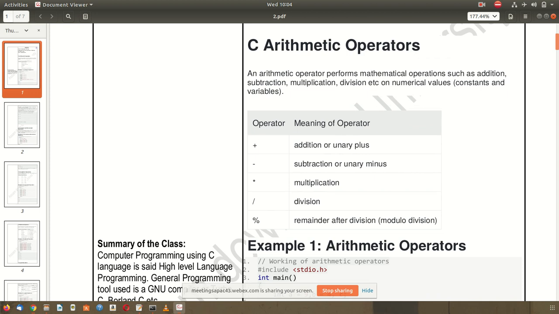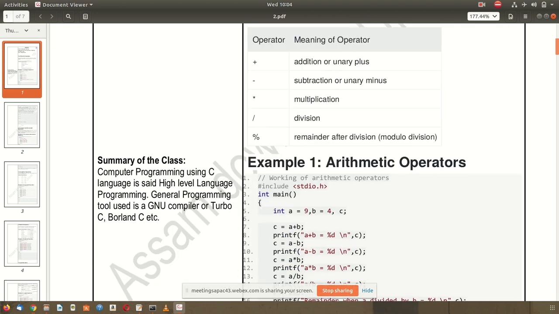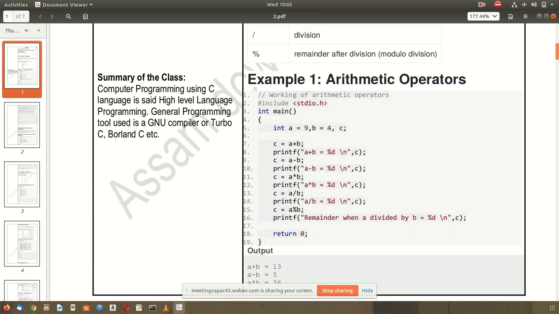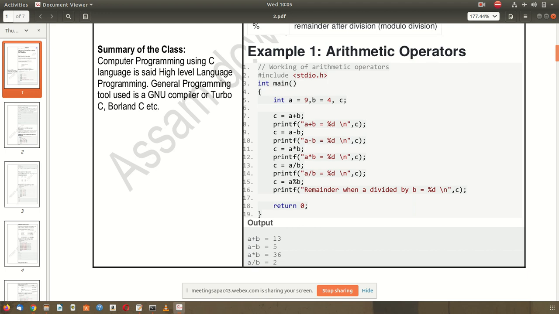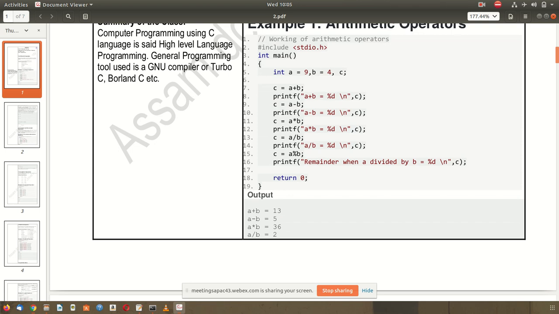This is just a small example of how to give instructions. No need to understand it from A to Z, but briefly I will explain. A is equal to 9, B is equal to 4.